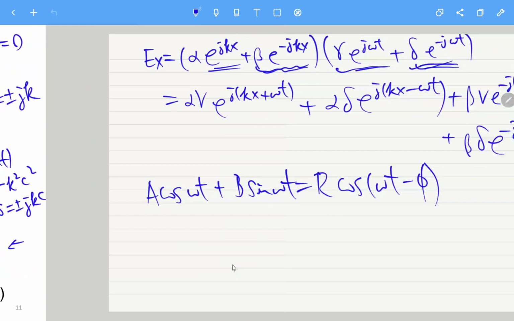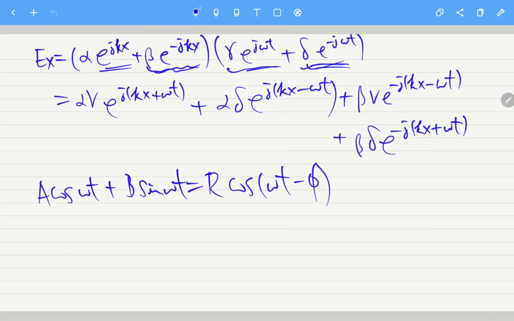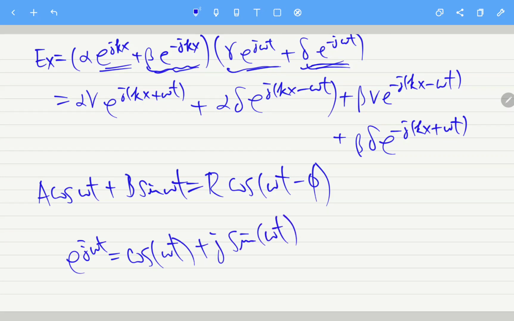If you still remember Euler's identity, exponential of j(kx minus omega t) is cosine omega t plus j sine omega t. And exponential of negative j omega t equals cosine omega t minus j sine omega t.